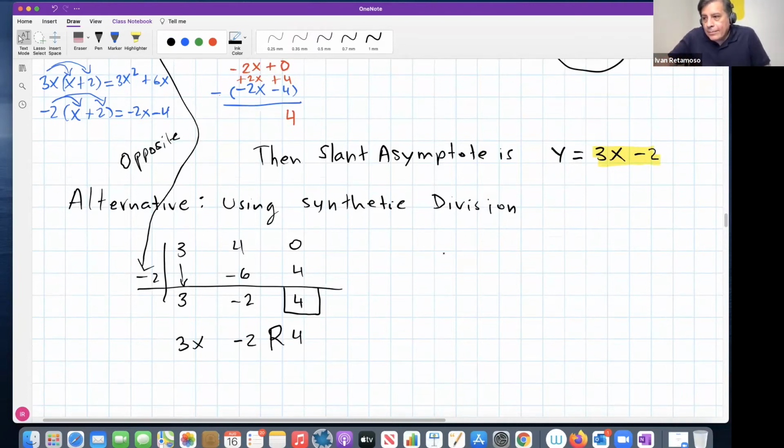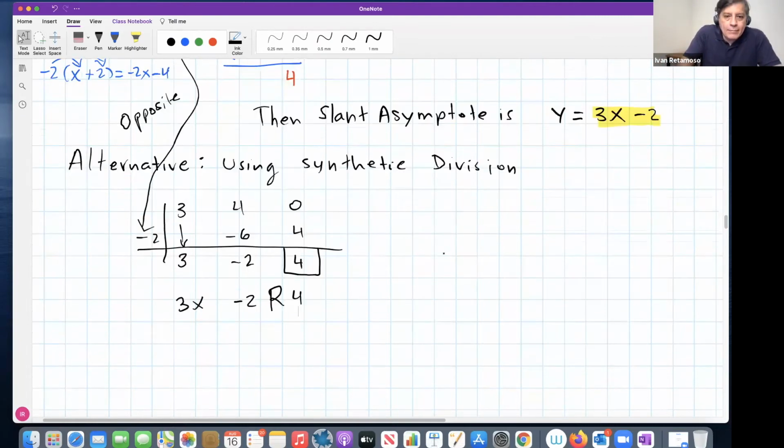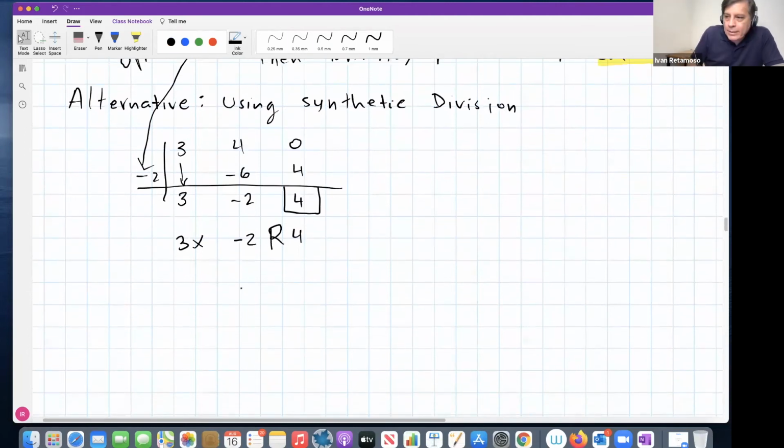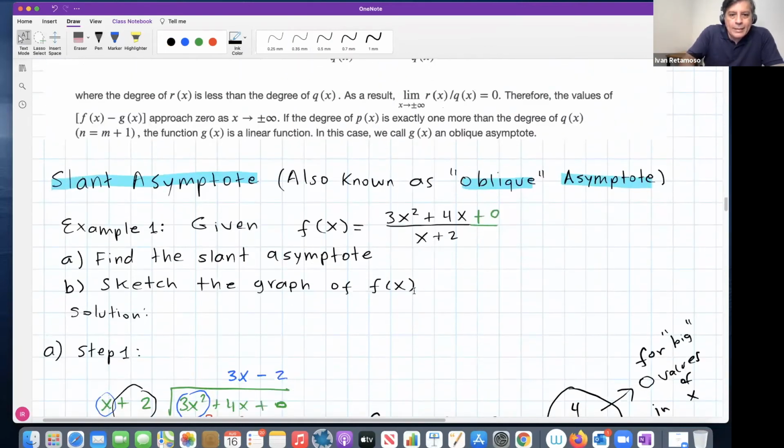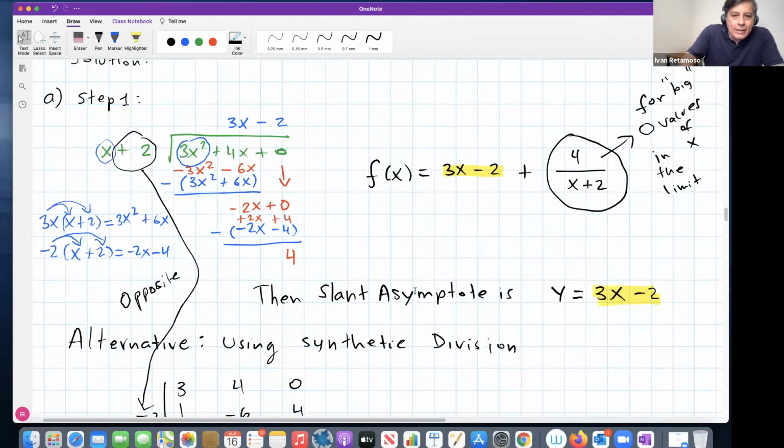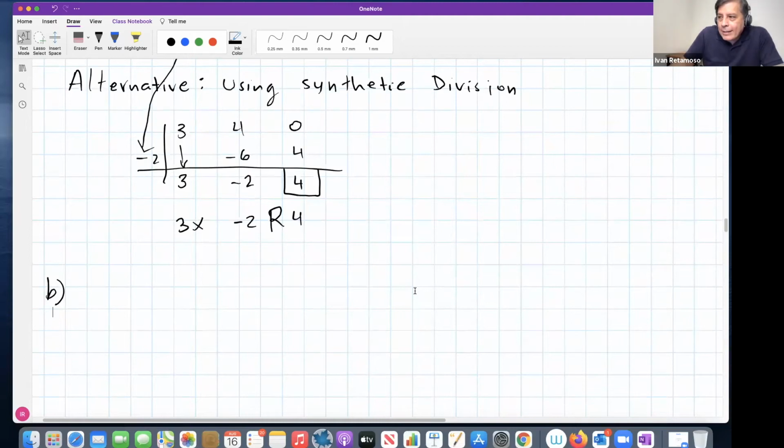They say now graph this rational function, right? Figure out the graph. So it's part B. So for part B, we're gonna graph this. All right, so sketch the graph of it. To sketch the graph, guys, I would say quickly graph the slant asymptote, right?